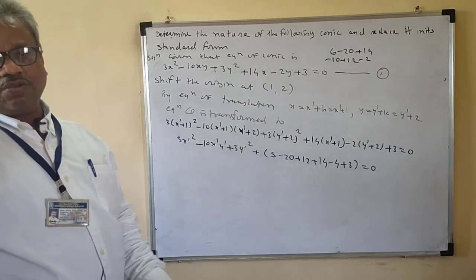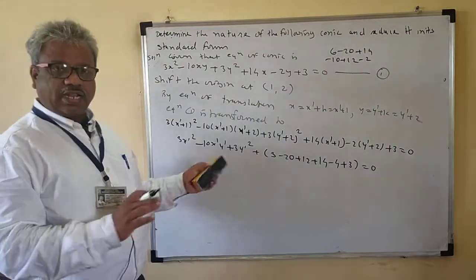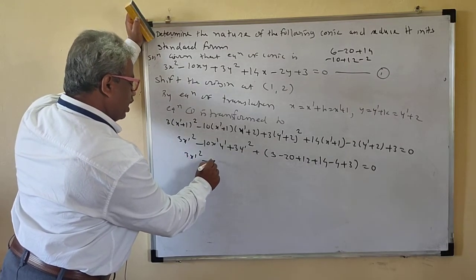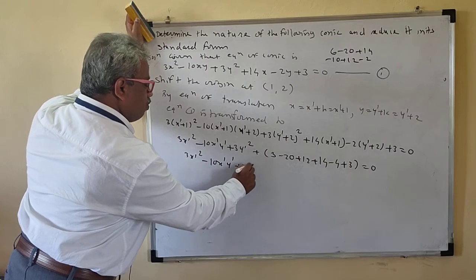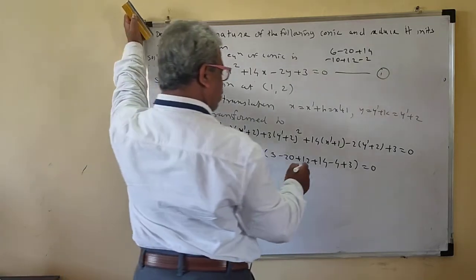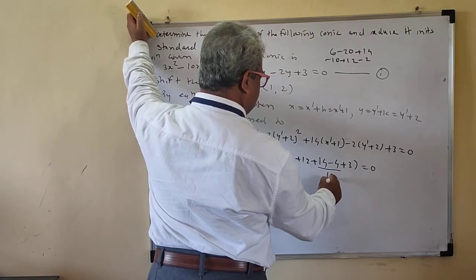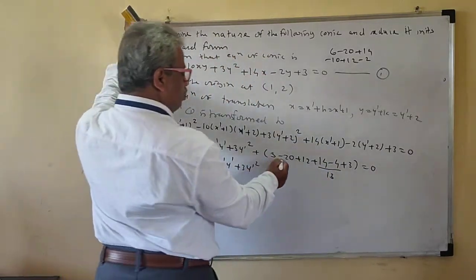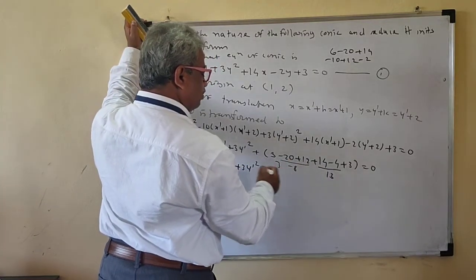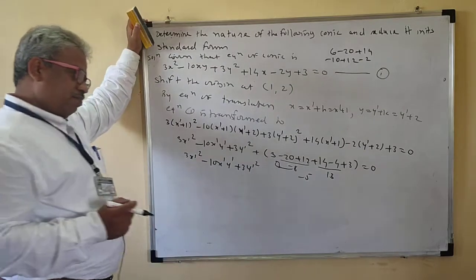That means the center we found is correct, and the formula we used is correct. No problem here. So we have 3x prime square minus 10x prime y prime plus 3y prime square. Now we'll collect the constant. This is 10 plus 3, which is 13 here. Then minus 8 and 3 is minus 5.